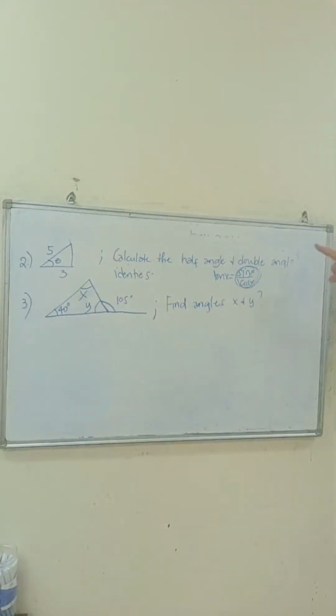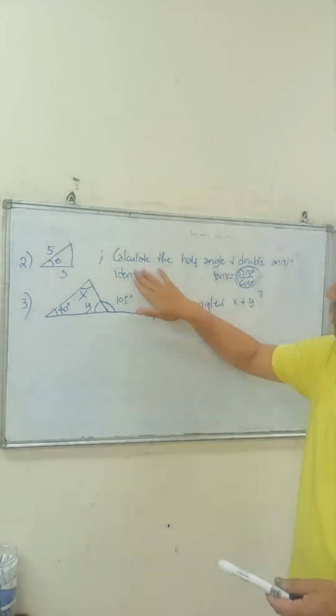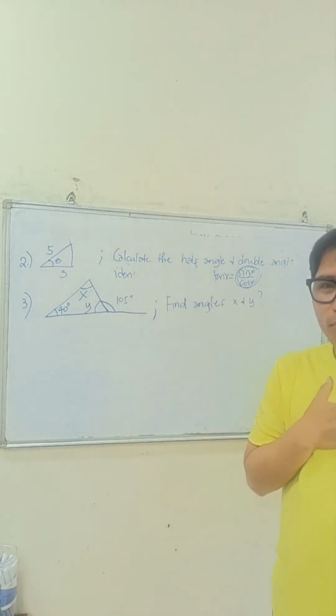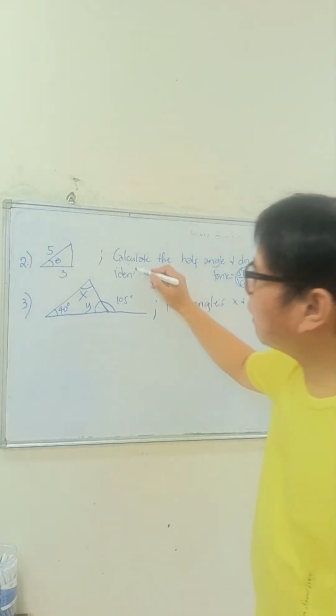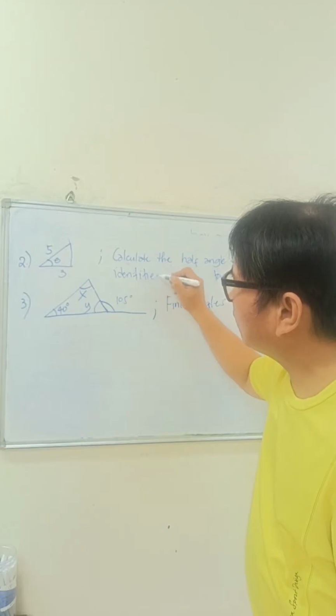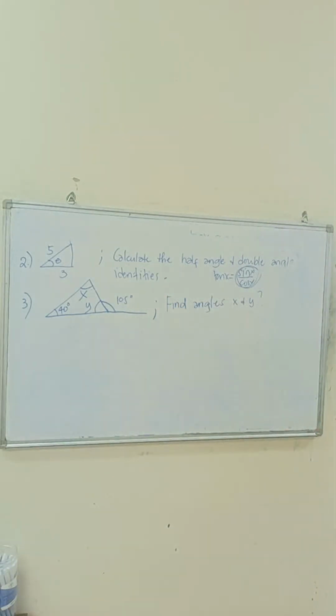Okay, number 2. We have here, calculate the half angle and double angle identities. Nawala ako sa bracket. I'm very emotional. Identities, things like that. When I saw the news, really, oh my gosh, my cortisol hormone is rising.